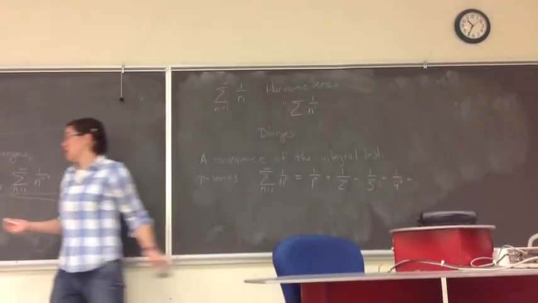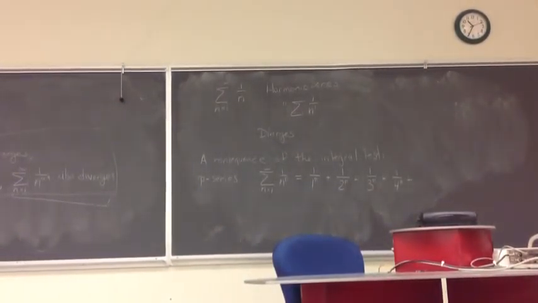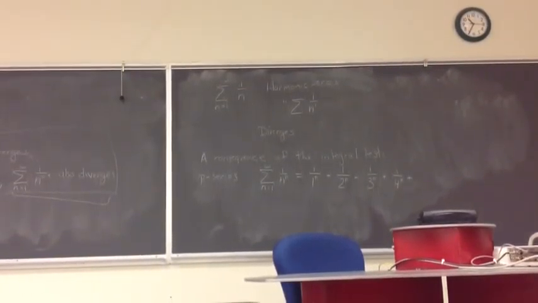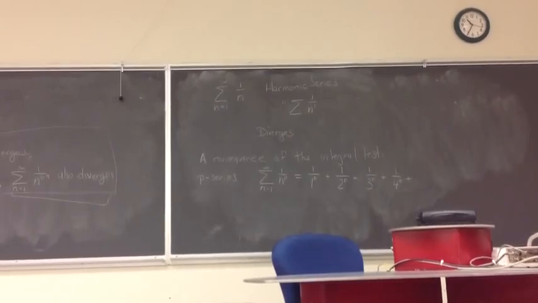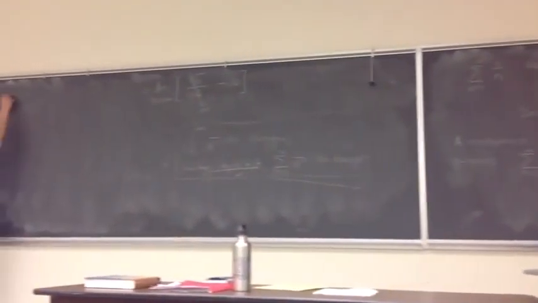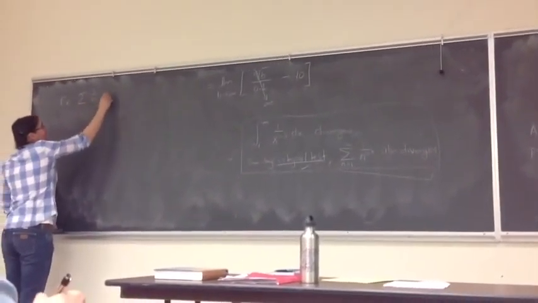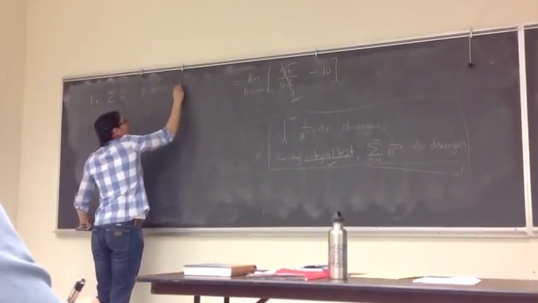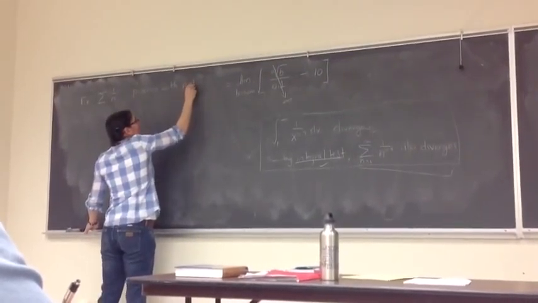Now, our harmonic series, as well as the two examples we just looked at, are examples of p-series. The sum of 1 over n is a p-series with p equal to 1.